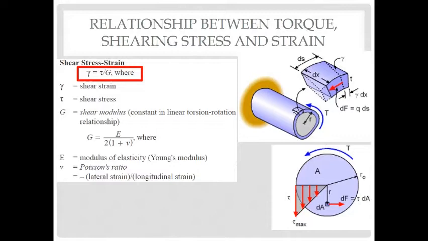You want to make sure that you're still in the elastic region. So you can have a twist, but if you take that torque off, it should go back to its original position. Because you haven't exceeded or entered into the plastic region, this equation can apply. You can relate the two modulus using this equation with Poisson's ratio. Poisson's ratio, again, is just lateral strain over longitudinal strain.